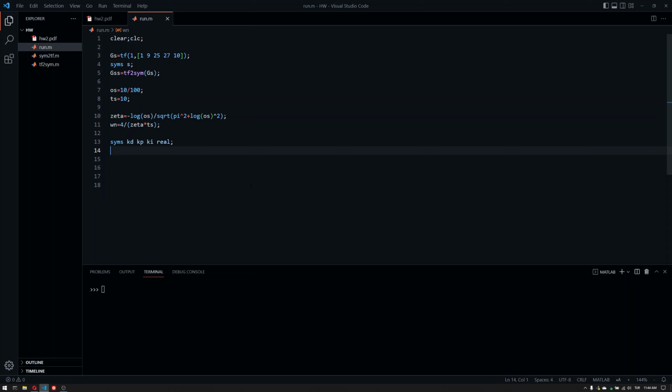Due to its nature, since we define the PID controller as KD times s squared plus KP times s plus KI, we can already see that this is a second order polynomial. And since the system, in this case, has no zeros, but even if it had, if we take the closed loop, it will appear at the constant coefficient, at the s term and at the s squared term in terms of influence.